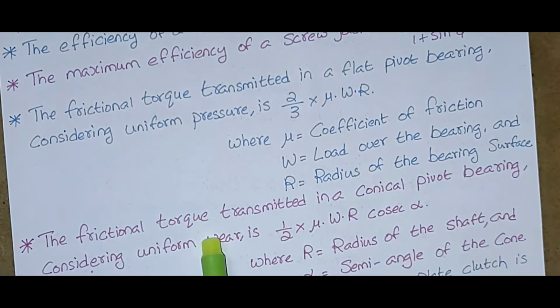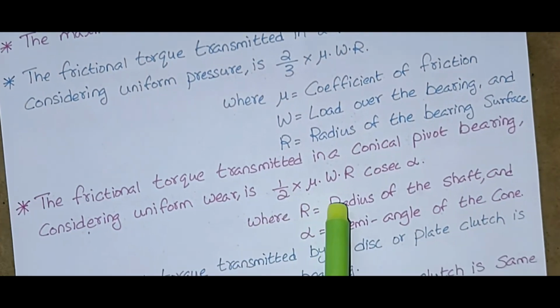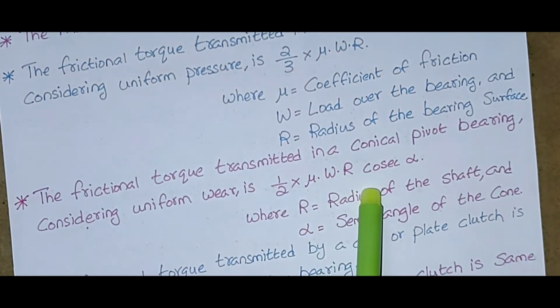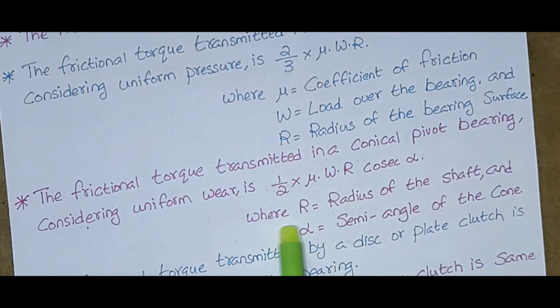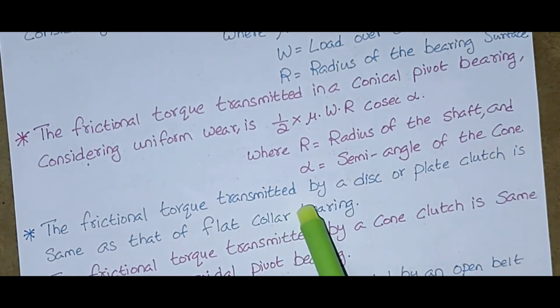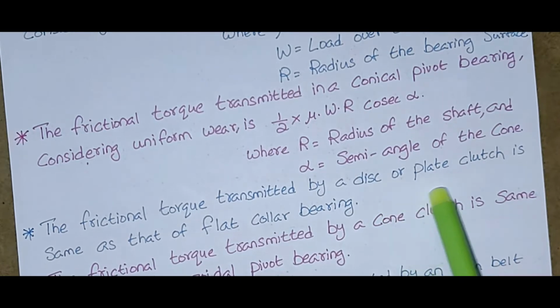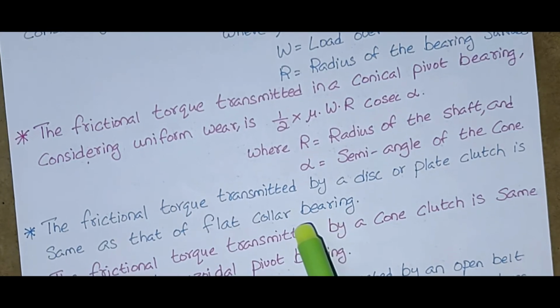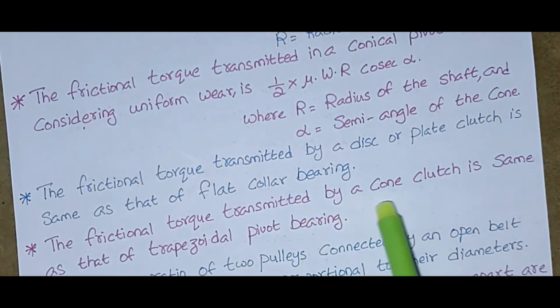The frictional torque transmitted in a conical pivot bearing considering uniform wear is 1 by 2 into mu into W into R cosecant alpha, where R is radius of the shaft and alpha is semi-angle of the cone. The frictional torque transmitted by a disc or plate clutch is same as that of a flat collar bearing. The frictional torque transmitted by a cone clutch is same as that of a trapezoidal pivot bearing.